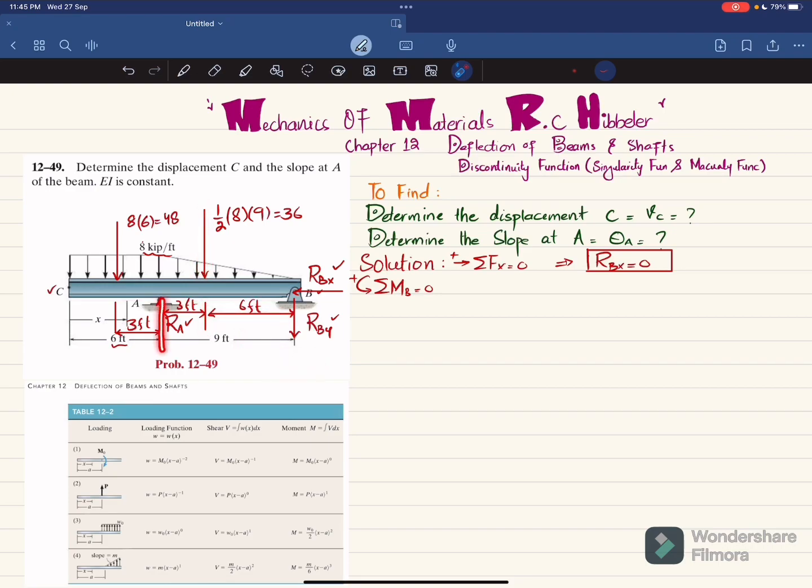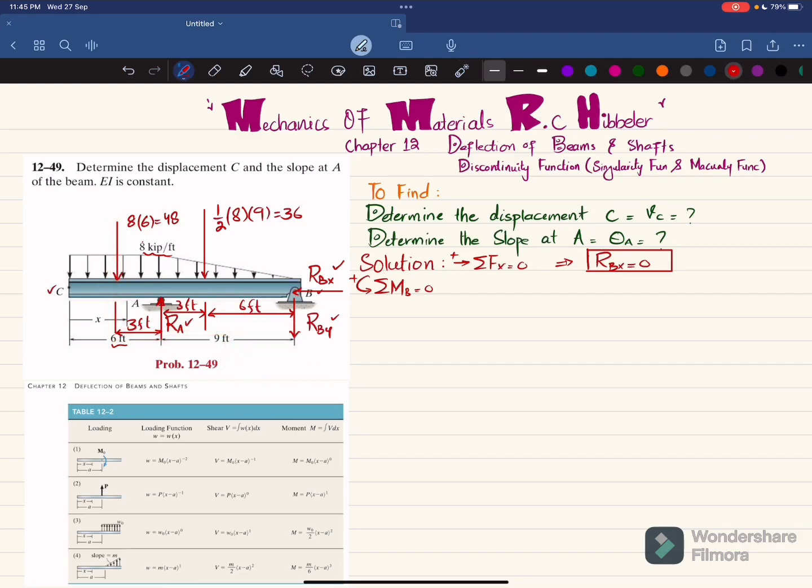The second moment is due to RA into perpendicular distance 9, and this is producing clockwise, so it will be negative. The third moment is produced due to this 48 load and perpendicular distance is 12, and this is producing counterclockwise, so it will be positive. And the sum of all moments about point B will be equal to 0.